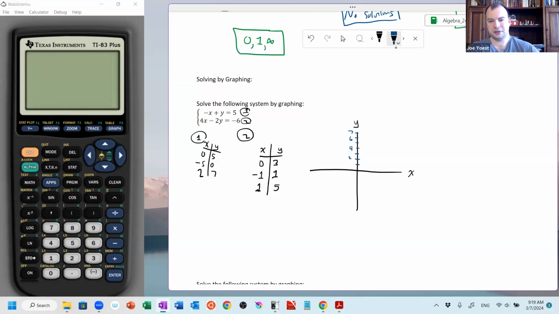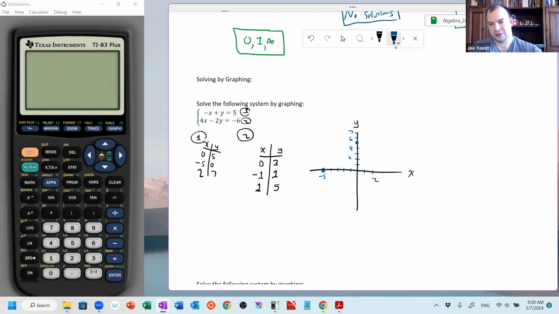So I'm looking for 0, 5. That's here. For my x's, I need to go from -5 to +2. That'll take care of the second line as well. So I have -5, 0.